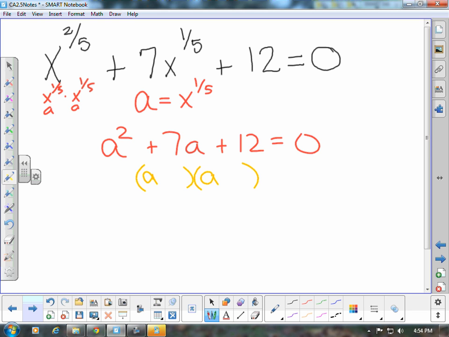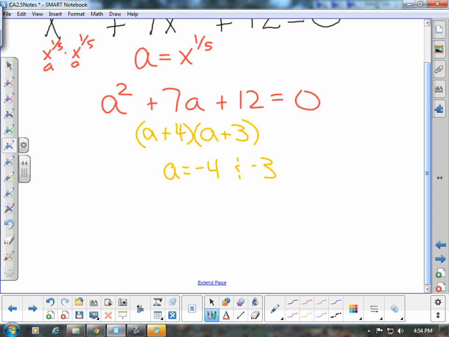And the factors of 12 that get you to 7 would be 4 and 3. And so then you would have a equals negative 4 and negative 3. Now we are not done with this problem because we're not trying to solve for a, we're trying to solve for x. So then once we get to this point, now we reintroduce the variable we need.